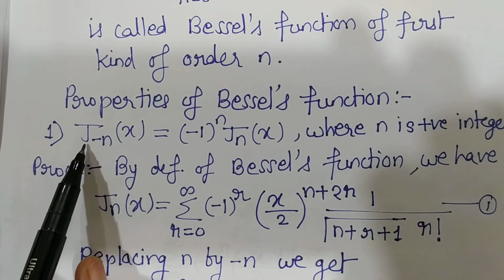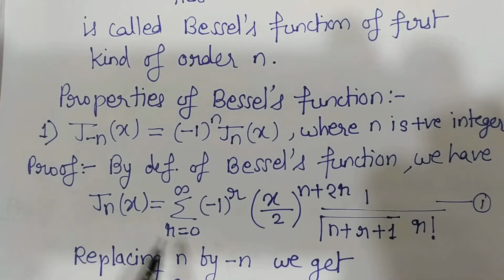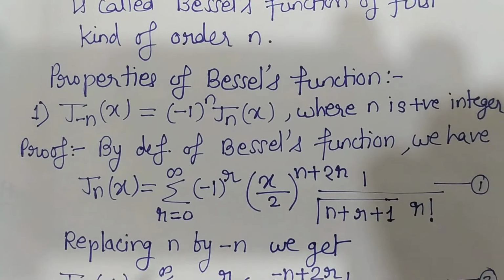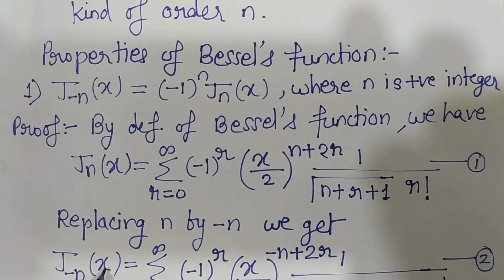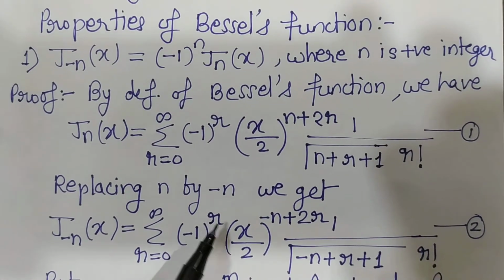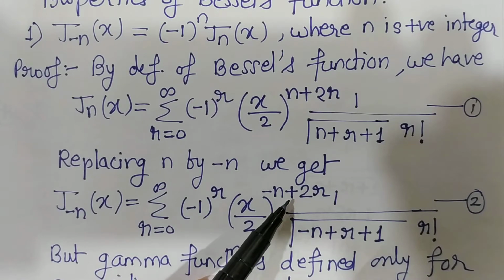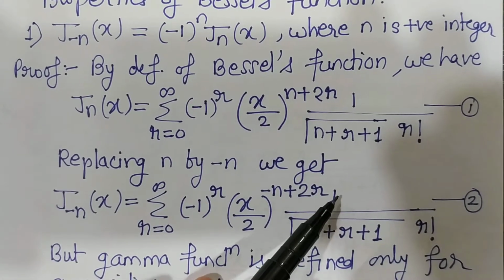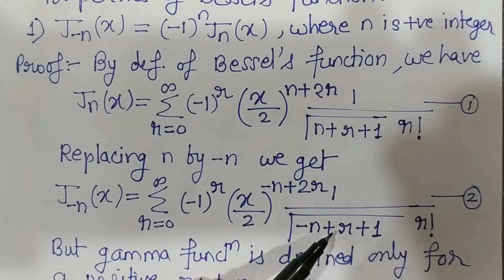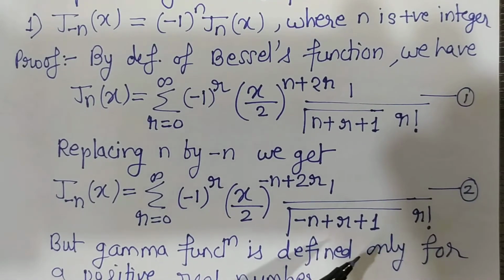As we need J minus n of x, replacing n by minus n, we get J minus n of x equal to the summation of (minus 1) raised to r, (x by 2) raised to minus n plus 2r, 1 upon gamma of minus n plus r plus 1 into r factorial.